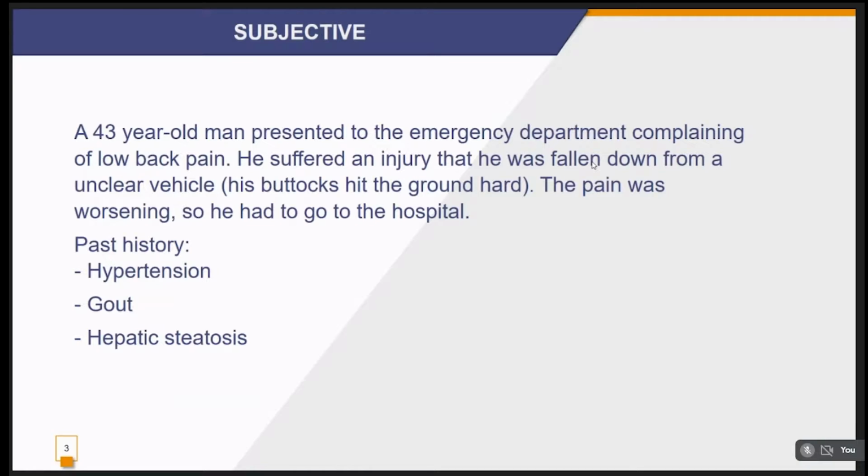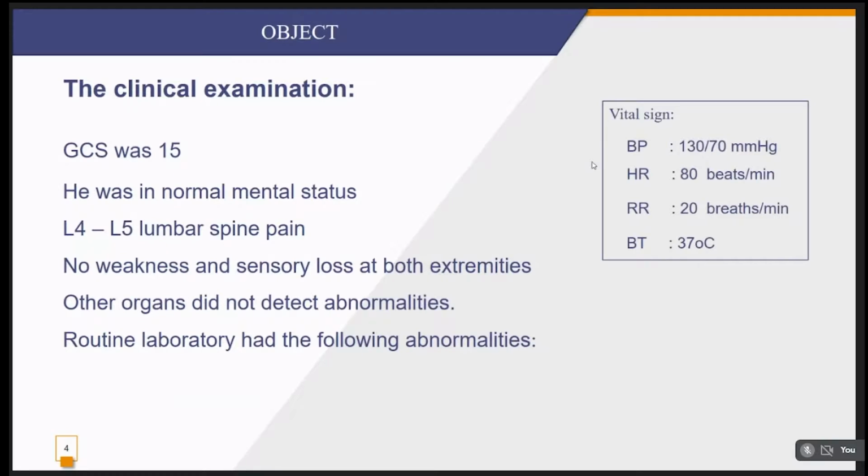His past history includes hypertension, gout, and hepatic steatosis. When the patient went to the hospital, the doctor examined him and his GCS, Glasgow Coma Score, was 15.